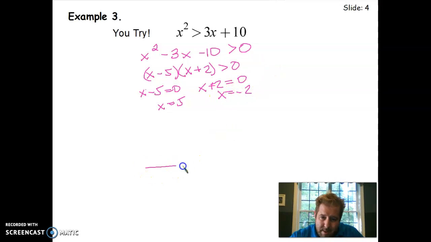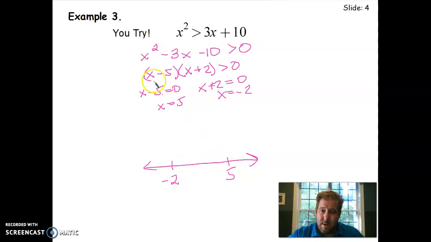So on our number line, those are our two numbers that we have. So we have 5 and negative 2, and obviously a lot of numbers that are going to be in between those numbers. So the next thing we're going to want to do is test those numbers. Something in between, I like to use 0 when possible. So if I say that x is 0, so 0 minus 5, and I'm going to do this a little bit quicker so that I have enough time in this video to finish.